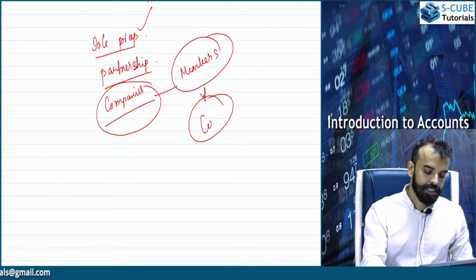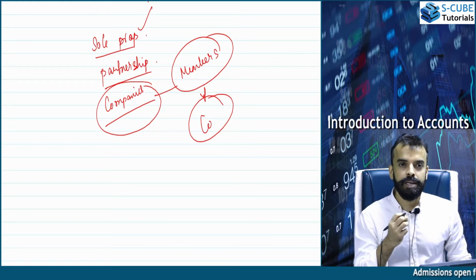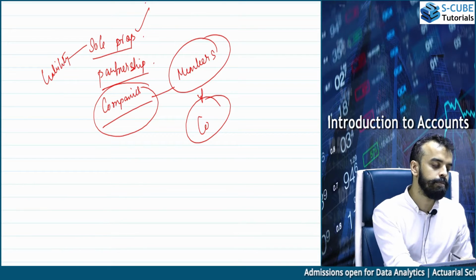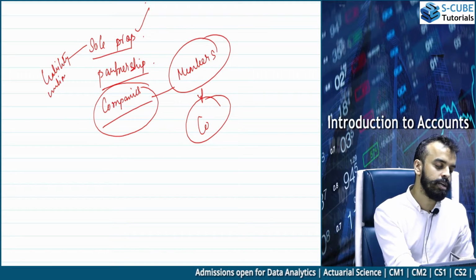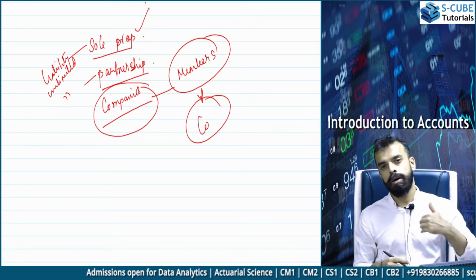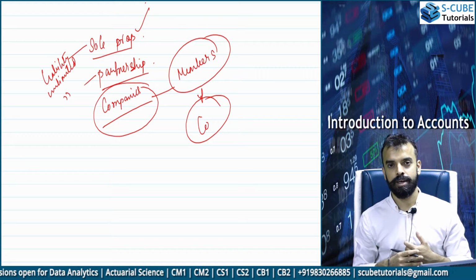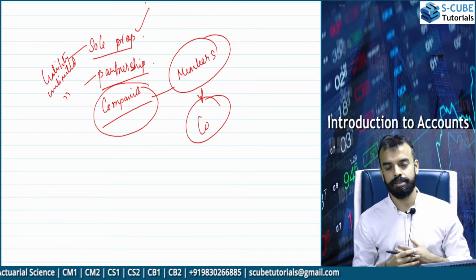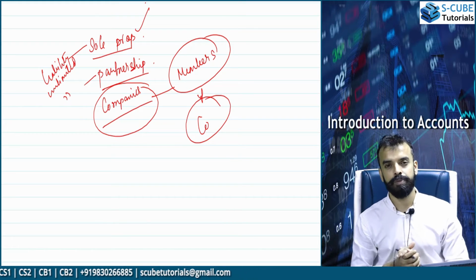the other aspects. Now if you talk about liability, usually a sole proprietor's liability towards the business is unlimited, and similarly a partner's liability is also unlimited. What I mean to say is, when a proprietor is doing business, if the assets of the business are not sufficient to meet its liabilities, then the proprietor is personally liable.